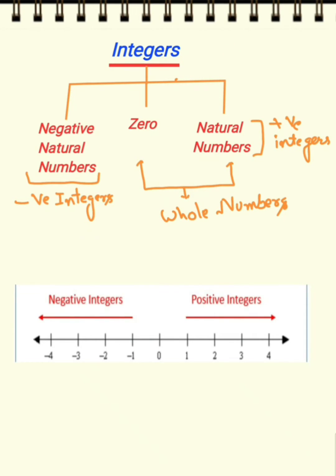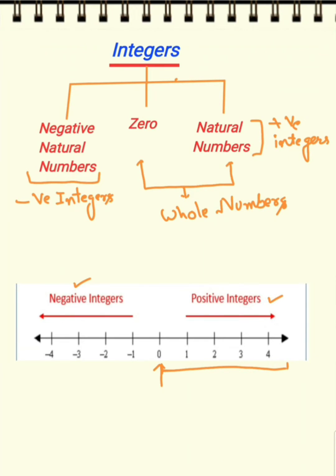And on the number line, we can represent integers like this. All the numbers which are on the right side of 0 are called positive integers, and all other numbers left to 0 are negative integers. And 0 is neither positive nor negative.